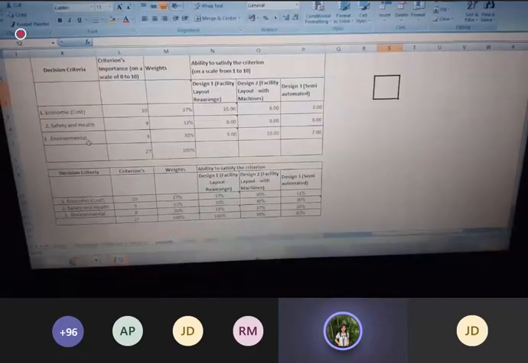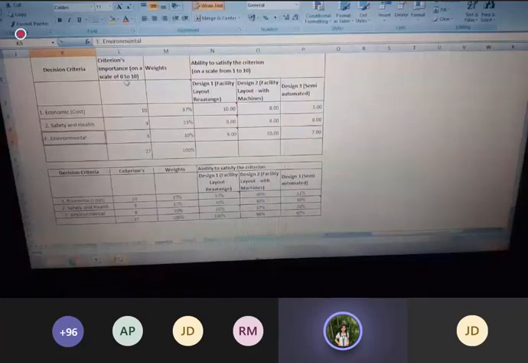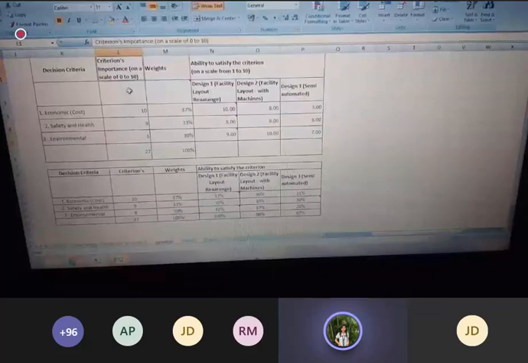For example, let's say for instance you have performance criteria, or decision criteria rather: economic, safety and health, and environmental. Then the level of importance, or criterion importance, ranges from 0 to 10. This is actually answerable by the client.